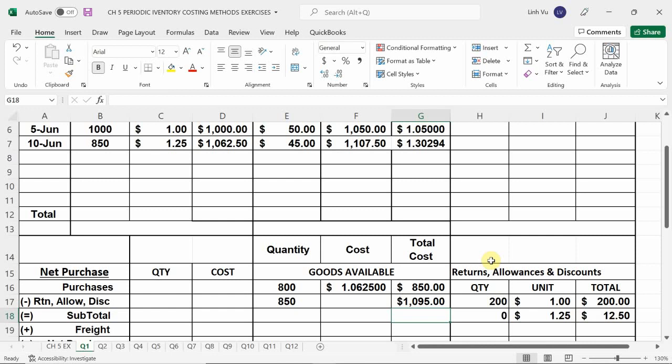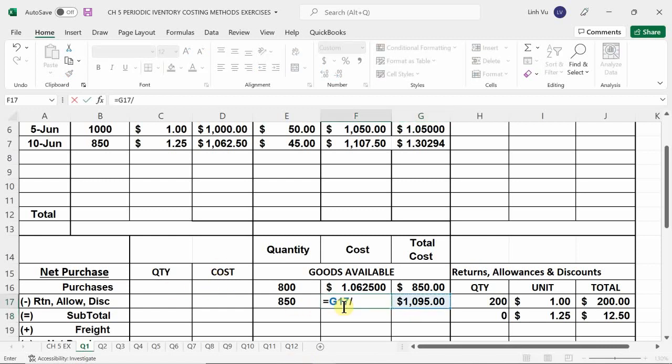Now with this $10.95, because I have a new total cost, I need to spread my cost evenly over 850 units, because this time my total cost isn't expensive anymore. It's less. So therefore, I need to adjust my cost per item again, because I have less cost to spread over my total quantity. So in this case, I'm going to take $10.95 and divide it by my 850.